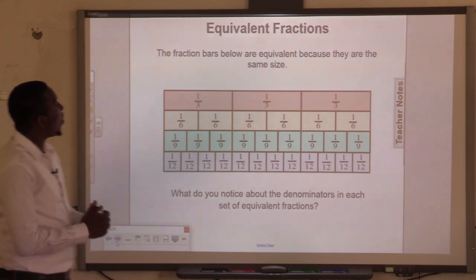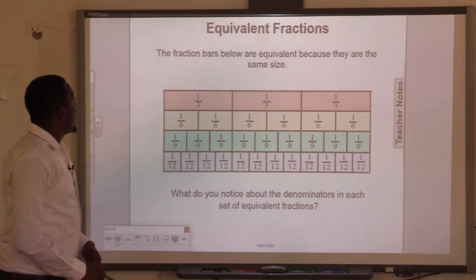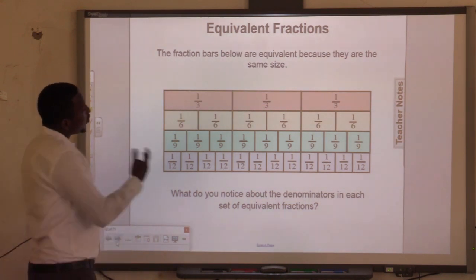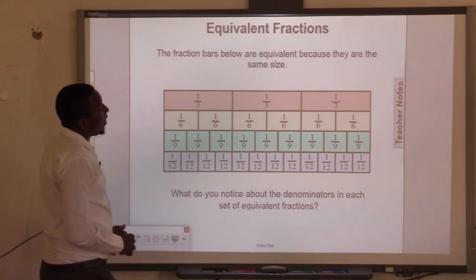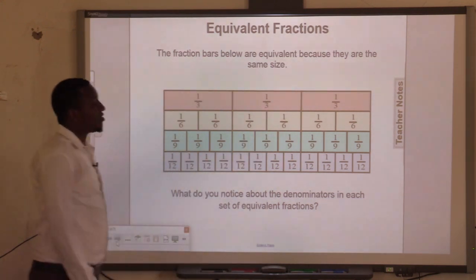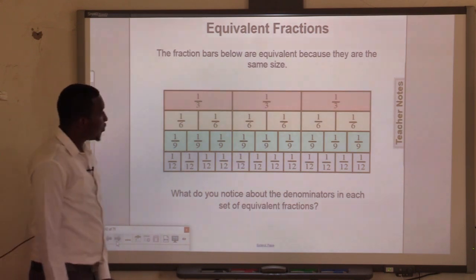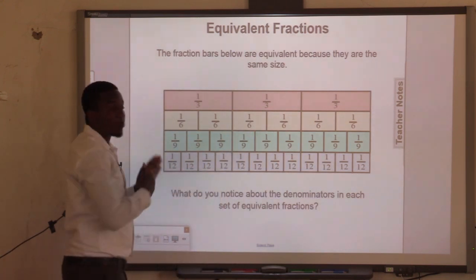Okay, we look at these other fractions. We have the fraction bar that's the same with the other one. These fraction bars below are equivalent because they are the same size. So again, we have wholes that are divided into equal proportions.